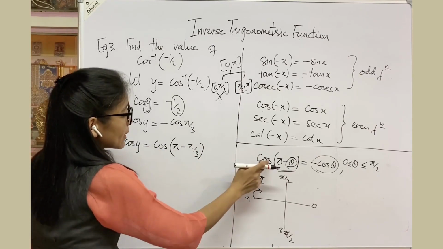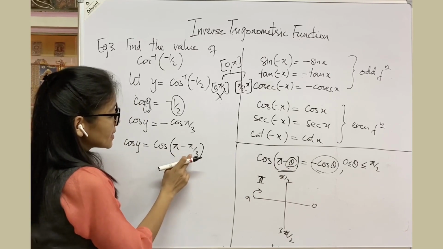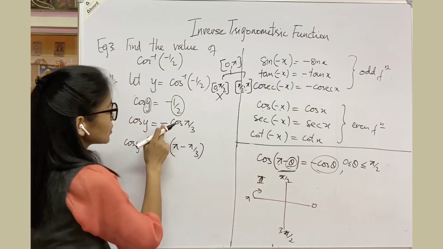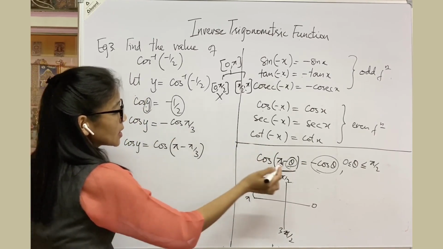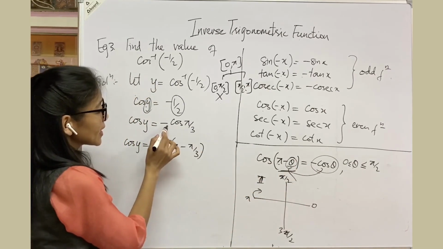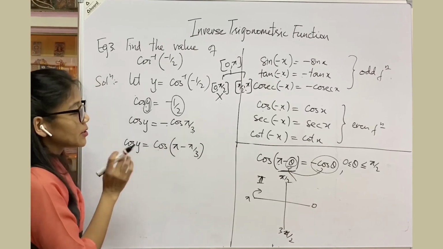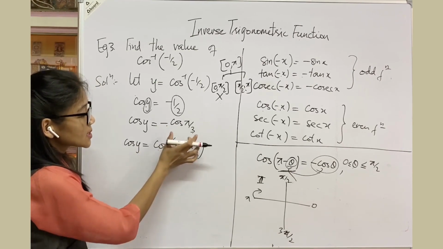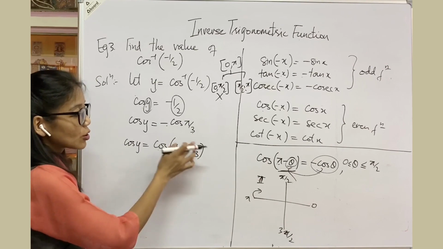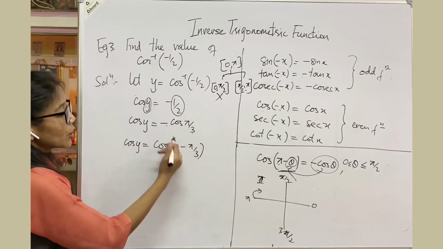So now we got this formula: cos of pi minus theta is equal to negative cos theta. So here I have negative cos pi by 3, which can be expressed as cos of pi minus pi by 3, because we are getting a negative value since this angle lies in the second quadrant in which cos is negative. So you can write it like this.